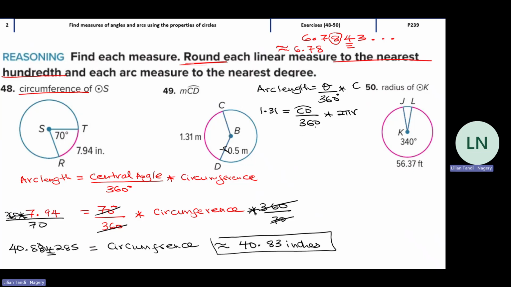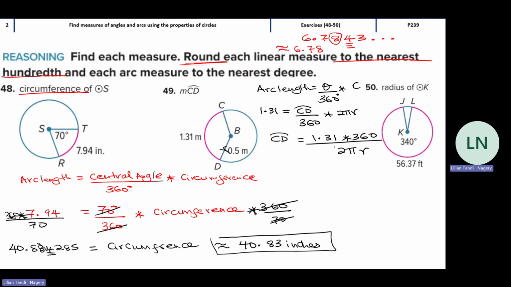Then I continue. I am going to do multiplicative inverse also. I'm going to multiply by 360 and divide by 2 pi r. So I'm going to write here CD equals 131 times 360, and I'm going to divide by 2 pi r.